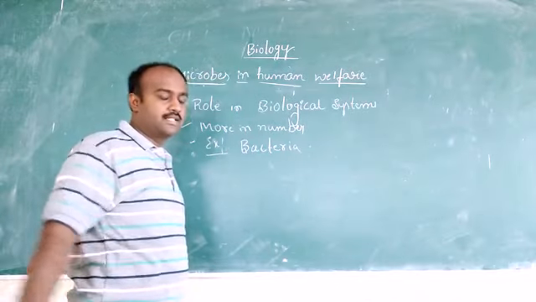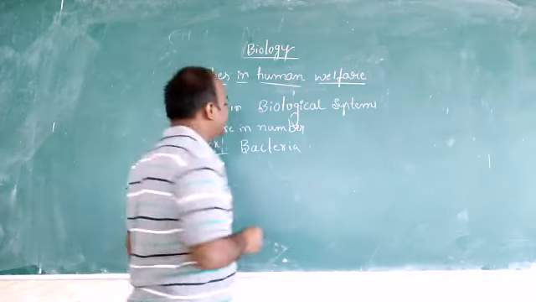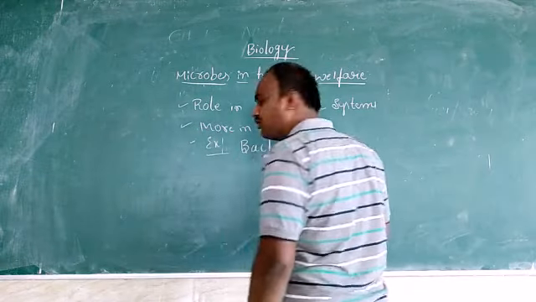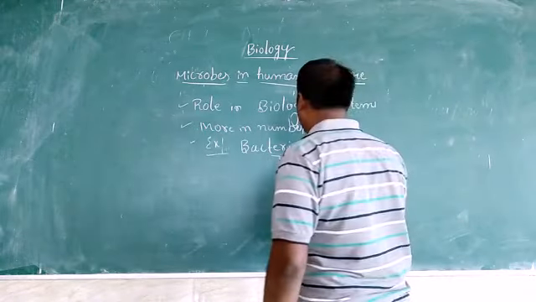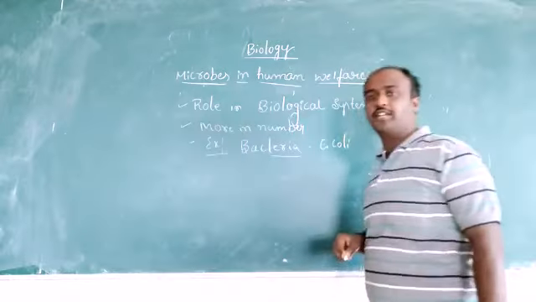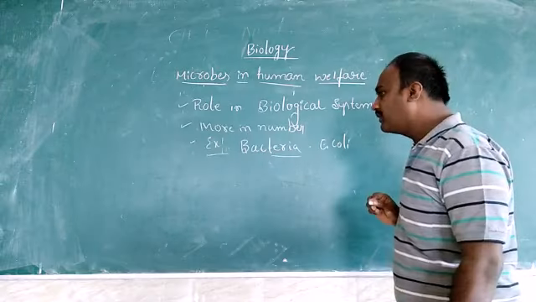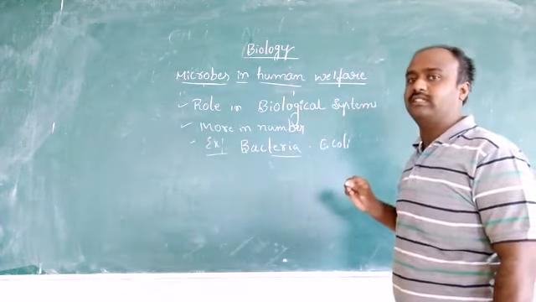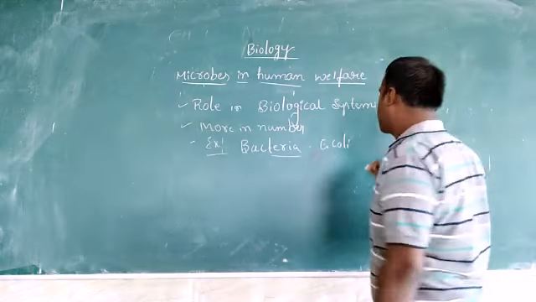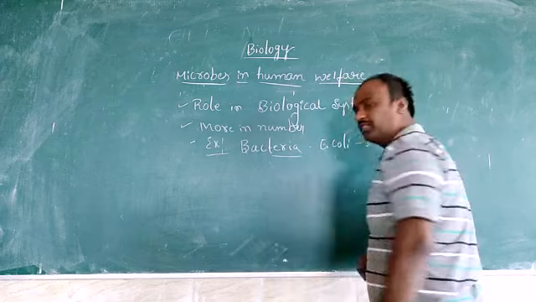bacteria. Bacteria is also a microbe, belongs to kingdom Monera. The type of bacteria we are going to take as an example is E. coli, that is Escherichia coli. This bacteria undergoes reproduction many times within 1 hour.